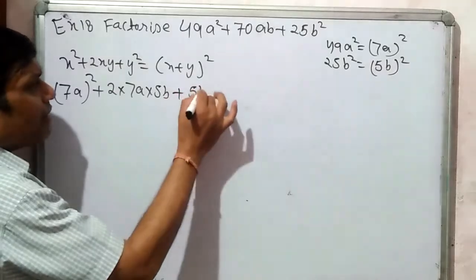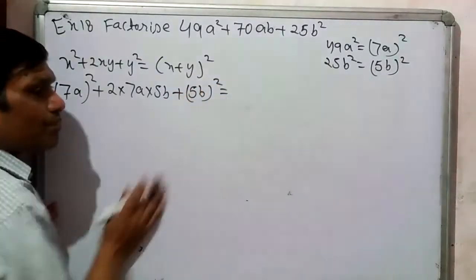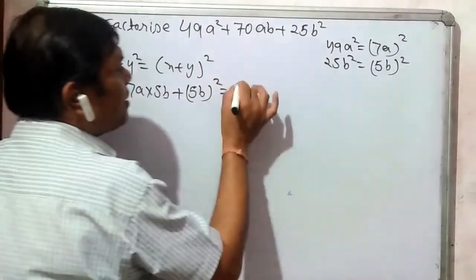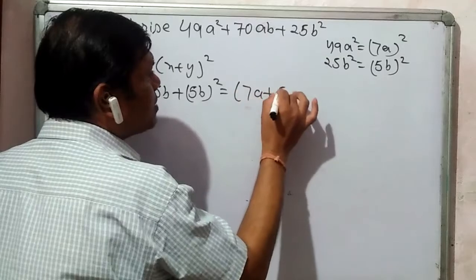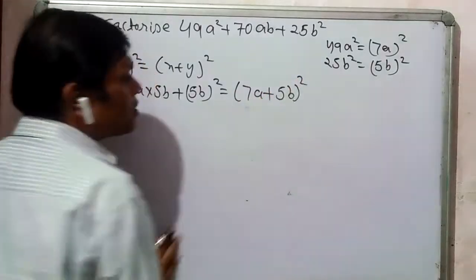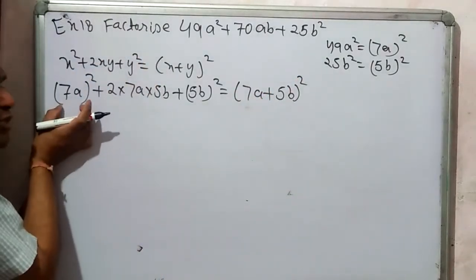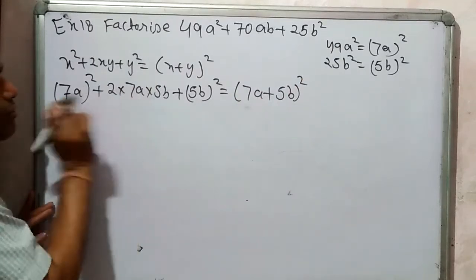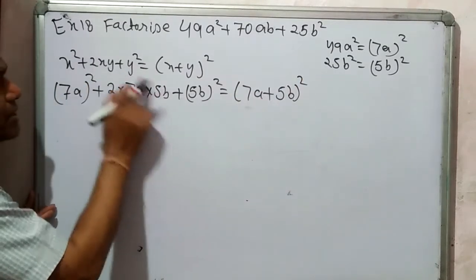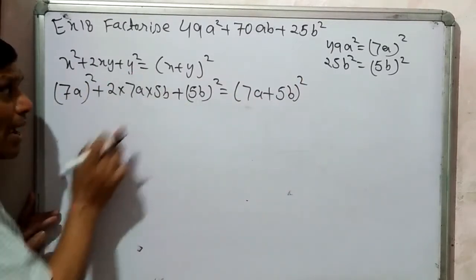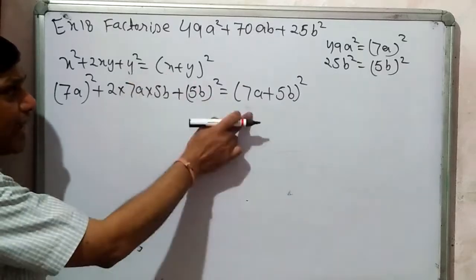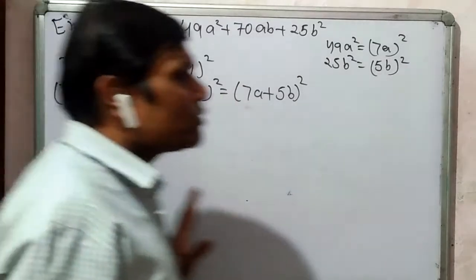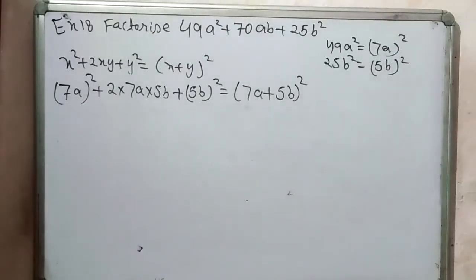Plus (5b) whole square. This should actually be (7a plus 5b) whole square. What we have done: this is x square, this term is 2 into x into y, plus y square. And we have written it in the form of (x plus y) whole square. So this makes our factorization complete.